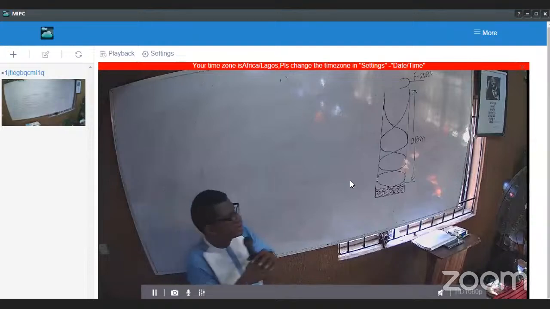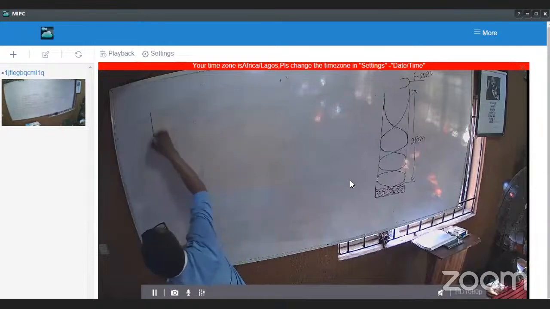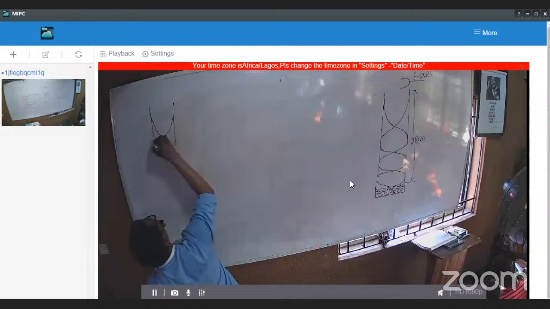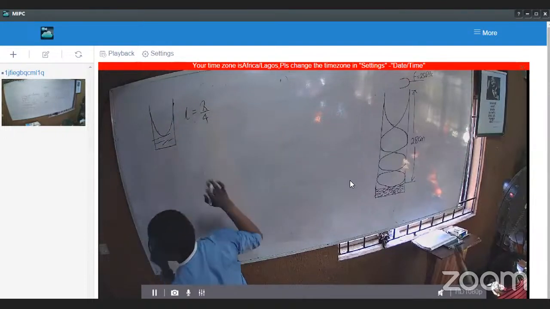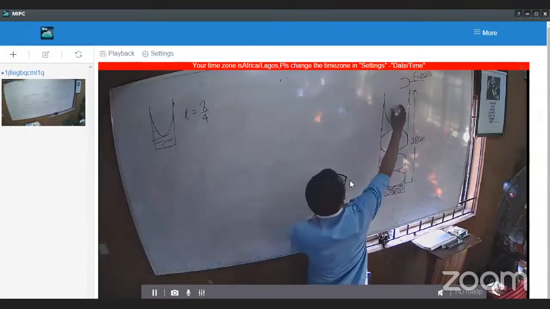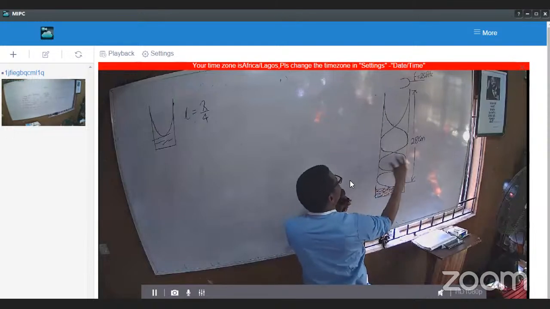So how will I remember all this jargon? Very easy. L is what, everybody? λ over 4. What about this one? 3 into λ over 4. This one, 5 into λ over 4.